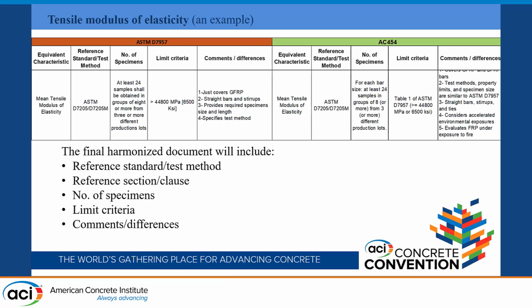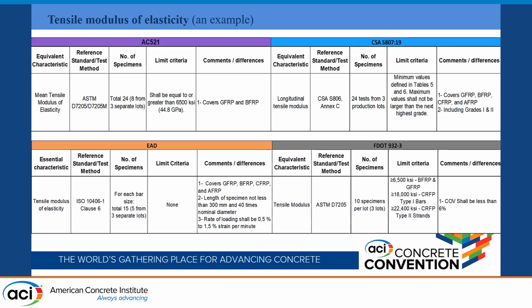In this comparison, in the final harmonized database, we are going to just have the reference, test method, reference section or clause in that document, number of specimens, limit criteria, and some comments on the differences and the similarities. And in the next slide, you see the same comparison for another acceptance criteria, the CSA document, EAD, and FDOT.